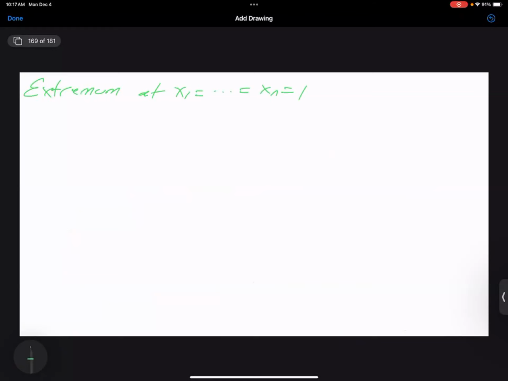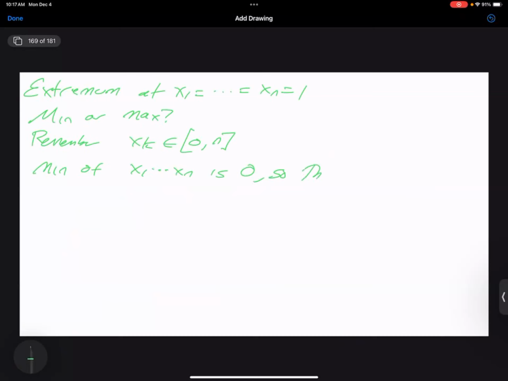So is it a minimum or maximum? Remember, we have each xk is in the interval 0, n. So what's the minimum value? The minimum of the product is 0, so this is a max.